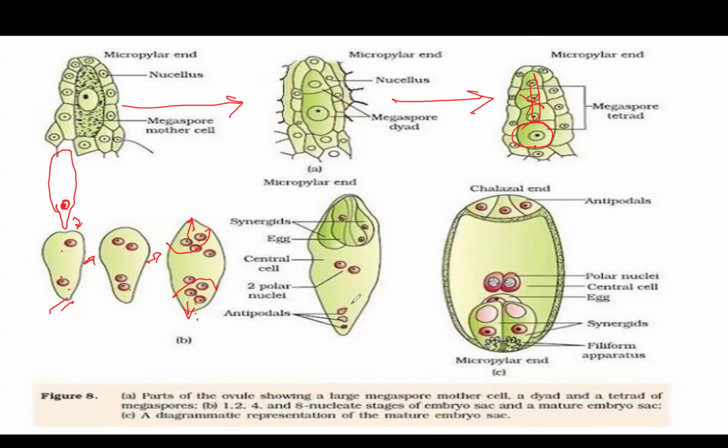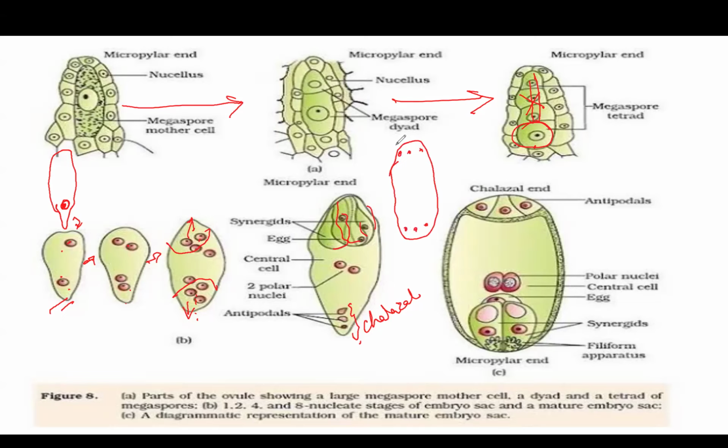So you see, towards the antipodal end, which is the same as the chalazal end, I have got 3 nuclei, and towards the micropylar end also I have got 3 nuclei. Now there is a formation of cell walls for all the 3 nuclei.